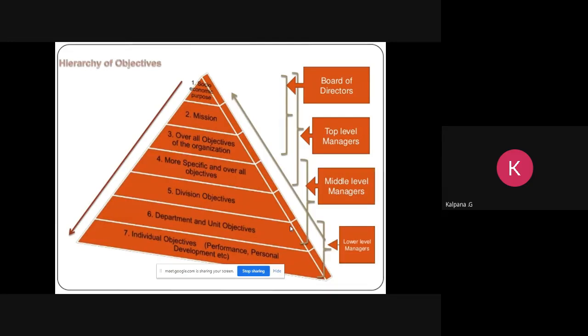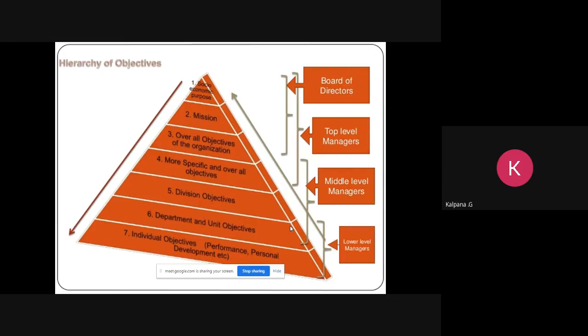So when we talk about, for example, we were discussing the goals and objective definitions, isn't it? A simple example could be, we can think of a goal to be an umbrella with several spokes coming out from the center. The entire umbrella is considered as the goal, and the different spokes coming out of the umbrella are the objectives.